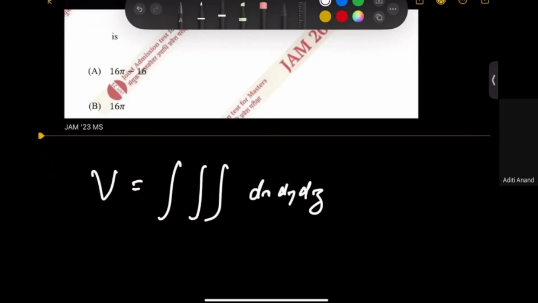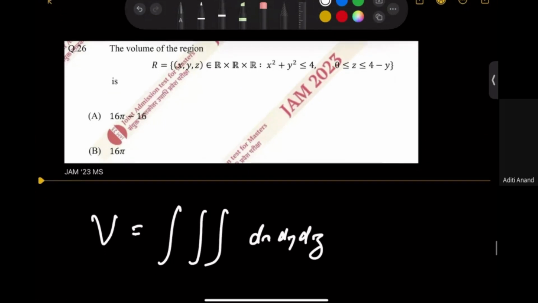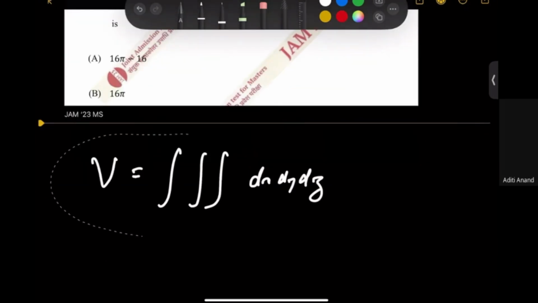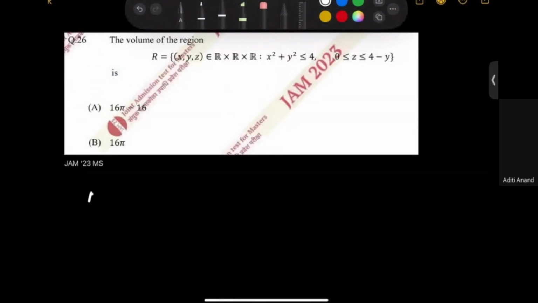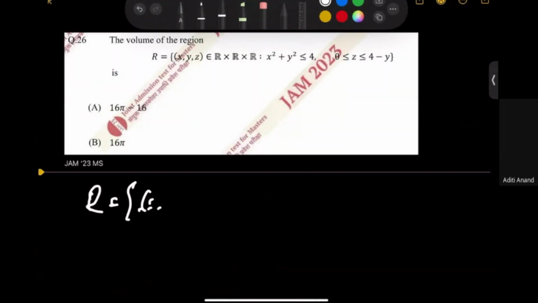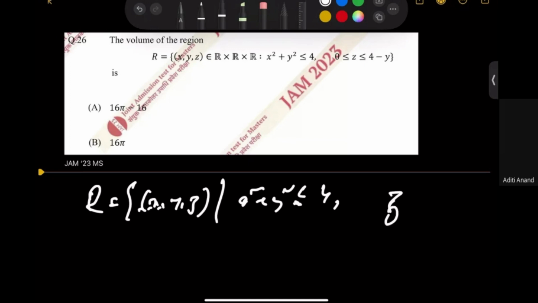And the region R over which it should cover. The R given to us is this: x, y, z such that x squared plus y squared is less than or equal to 4, and z lies between 0 and 4 minus y.